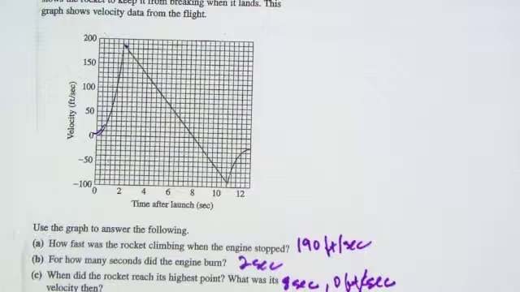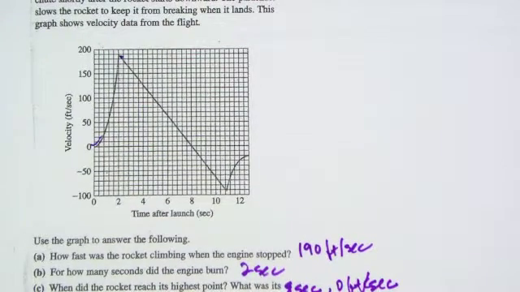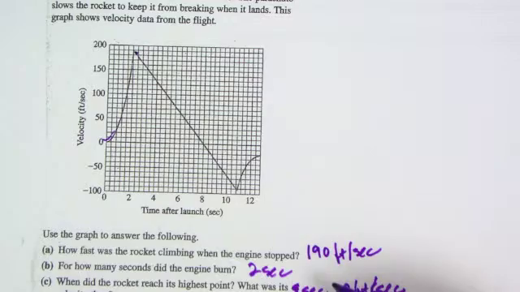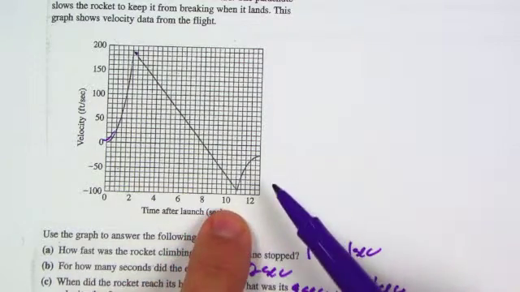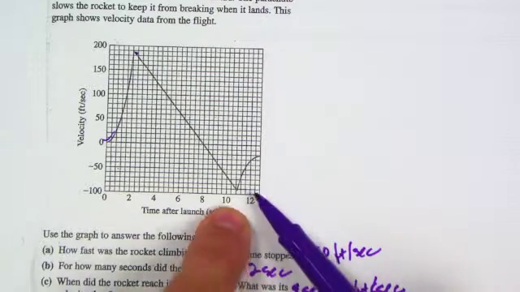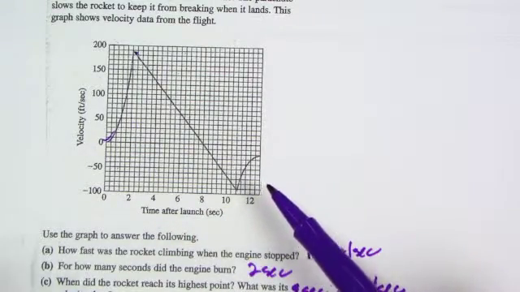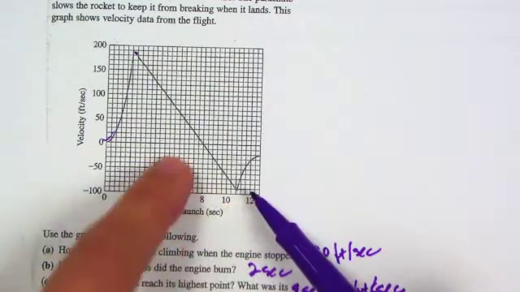When did the parachute pop out, and how fast was the rocket going then? Yeah, it would be going at 90 feet per second. Falling, well, either negative 90 or falling at a rate of 90, right? And what did you guys say here?